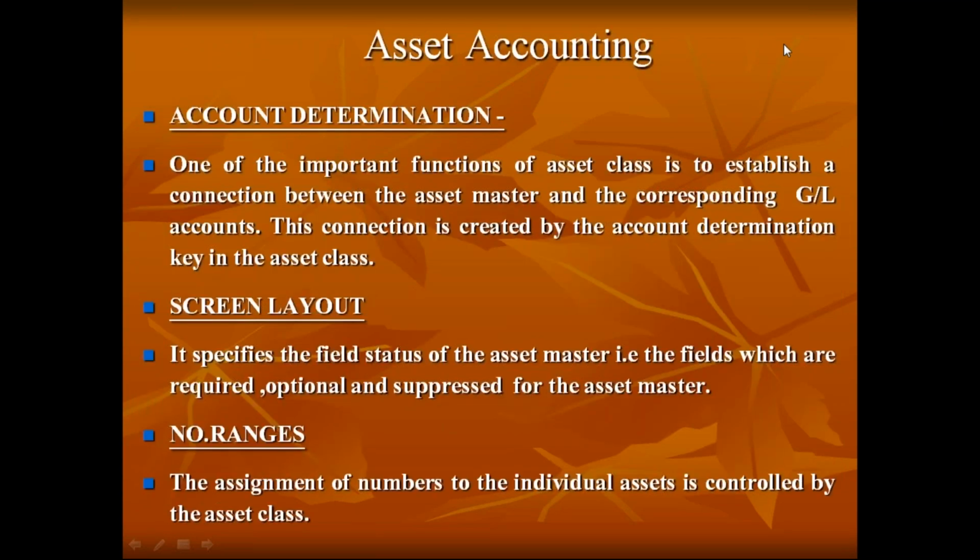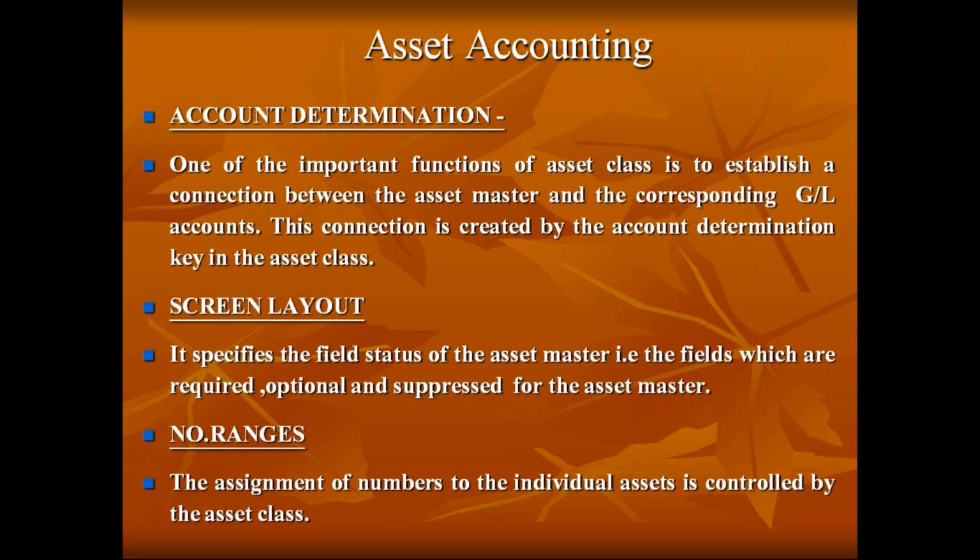So what is the purpose of all these? One of the most important functions of the asset class is to establish a connection between the asset master and the corresponding GL accounts. This connection is created by the account determination key in the asset class. Second is the screen layout, which specifies the field status of the asset master.